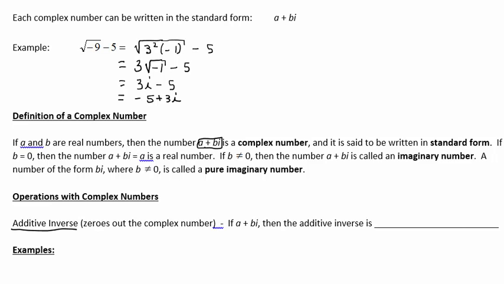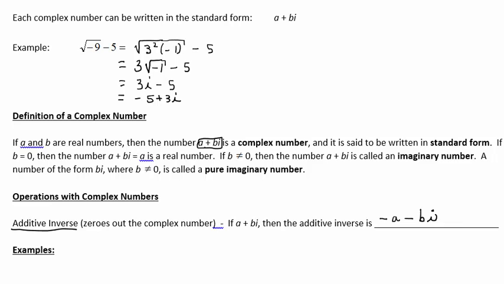If we have a complex number such as a plus bi, then its additive inverse has to be the opposite of a minus bi. If you're thinking about collecting like terms, the result would be 0. So if you're asked to find the additive inverse, take the opposite of both parts, or all parts, of that imaginary number that's written in standard form.